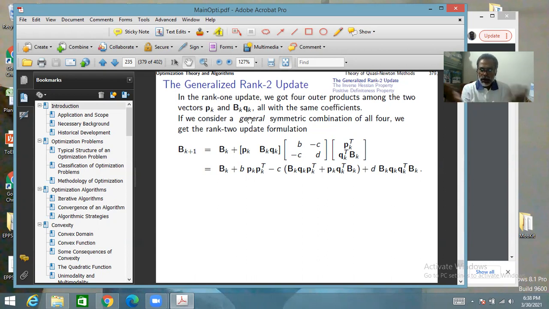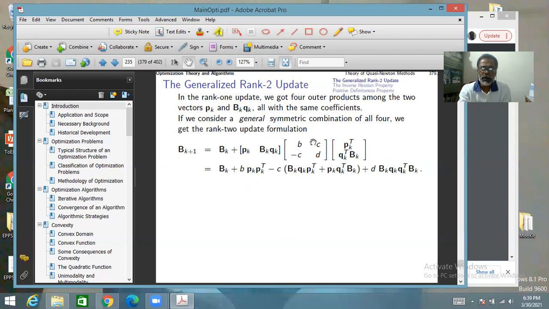Now, if we allow the coefficients to be different, but insist on the symmetry of the update matrix, which is necessary, then rather than a single constant ak, we will get b, minus c, minus c, d. This minus c could have been put as c, that's not a problem; its final expression would just be the negative. But the two diagonal terms should be the same.